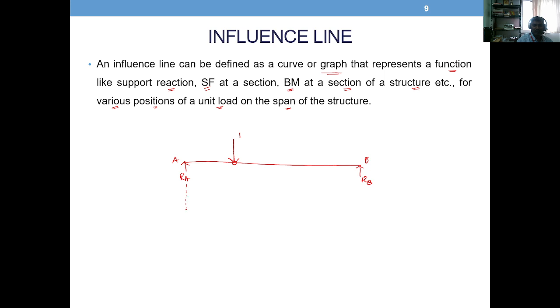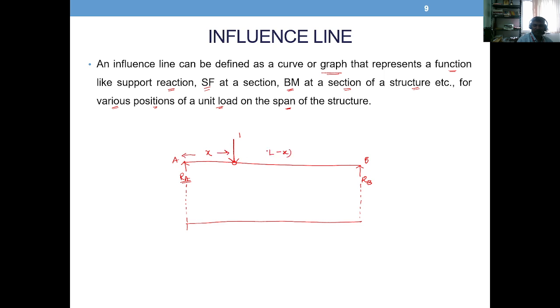So I would like to plot influence line diagram for reaction at A. Let us say unit load is at a distance of x.